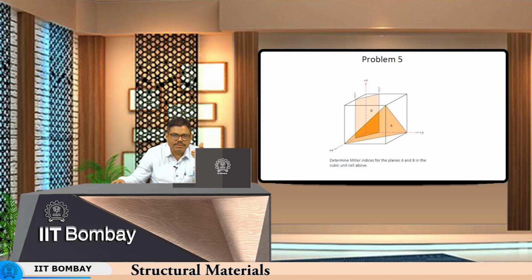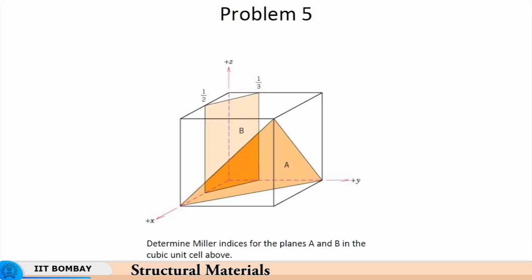Now you reverse these, meaning take reciprocals. So, you have 2, 3 and 0. So, this plane therefore will be the 2, 3, 0 plane, because the intercept on the z axis is infinity, and the reciprocal of that would be 0.